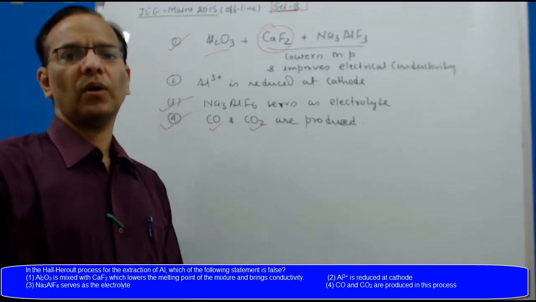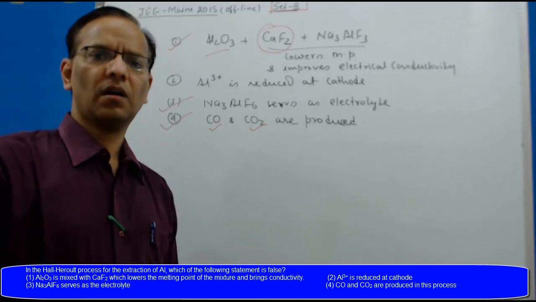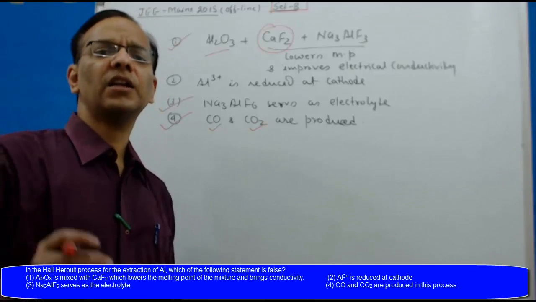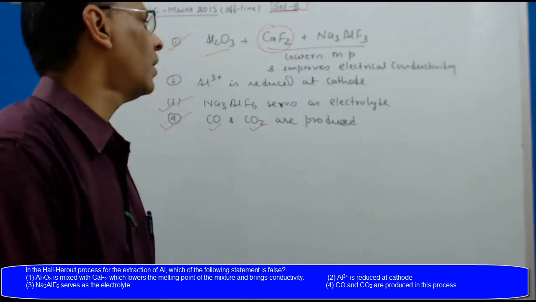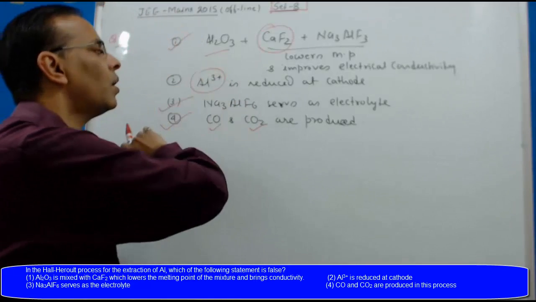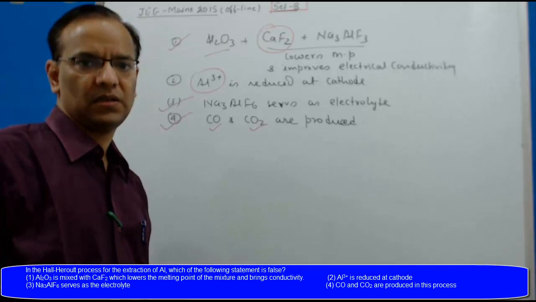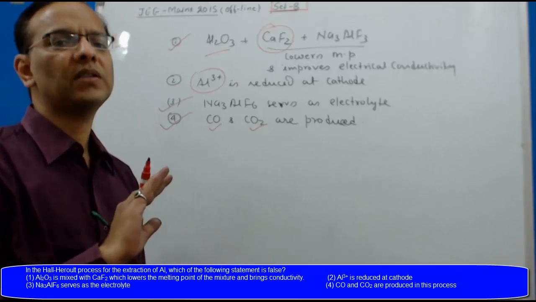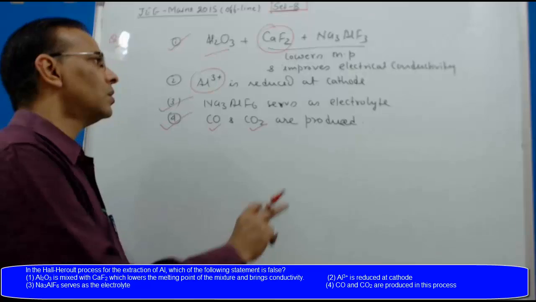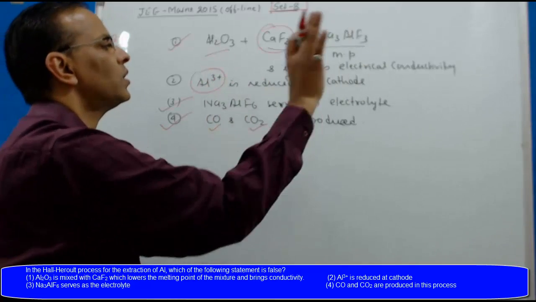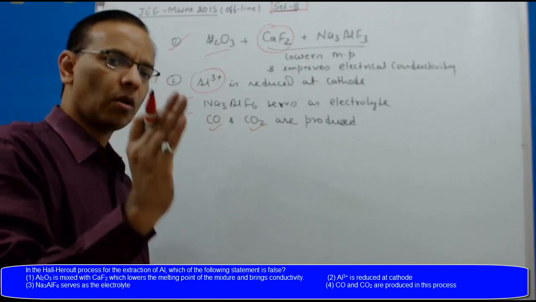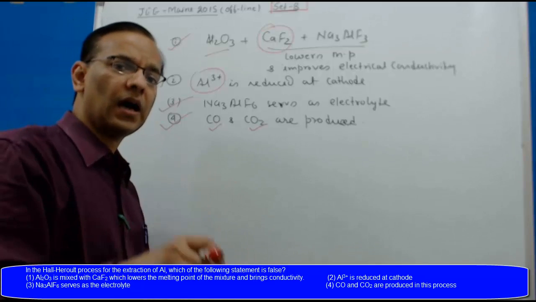All good books of inorganic chemistry clearly write that there is no evidence of Al3+, and Al3+ is not reduced. So 'Al3+ is reduced at cathode' is actually wrong, and this should have been the answer.